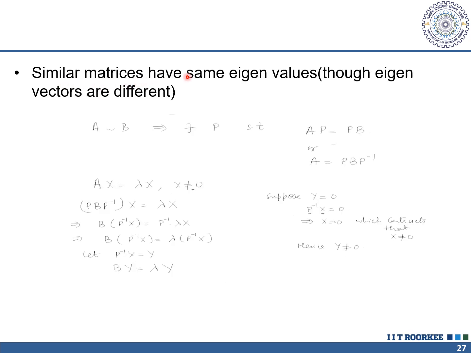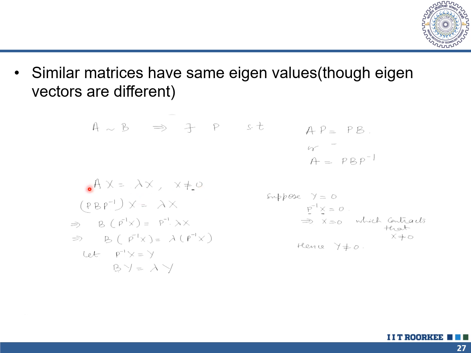Similar matrices have the same eigenvalues, though the eigenvectors are different. So let's say A is similar to B. What does that mean? There exists some P such that AP equals PB, or A equals PBP inverse. Say Ax equals lambda x, where x is the eigenvector of A and lambda is the corresponding eigenvalue, and x is not equal to 0, which is a necessary condition to be an eigenvector.